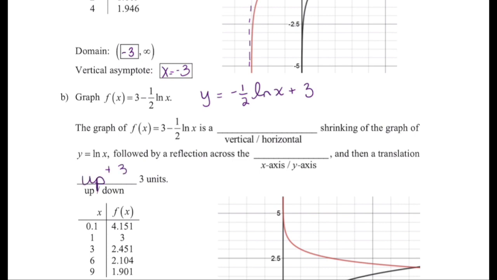The half in front tells us that we're going to have a vertical shrinking. In addition, the negative out front tells us that we're going to reflect across the x-axis.